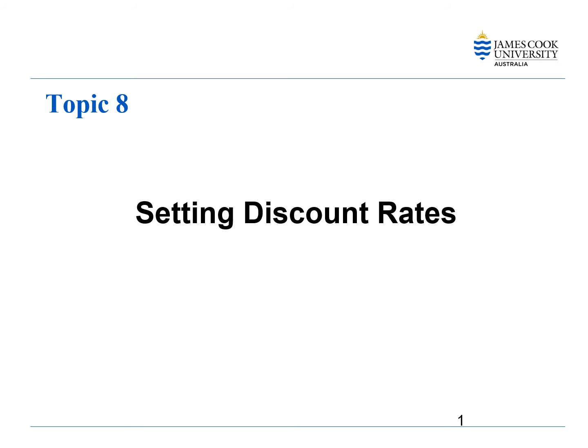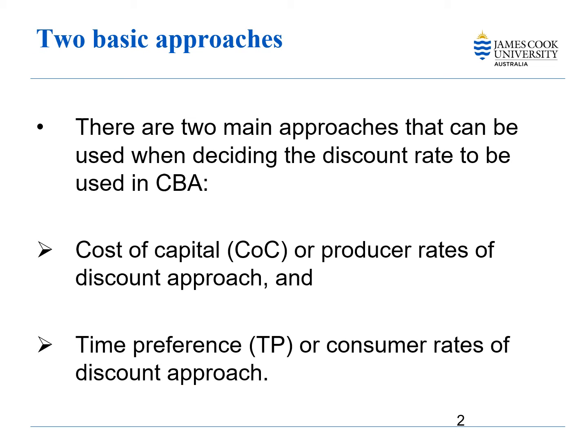In the previous videos, we have seen that there are two approaches to set the discount rate, from the production side and from the consumption side. The production side is called the cost of capital or producer rates of discount approach.